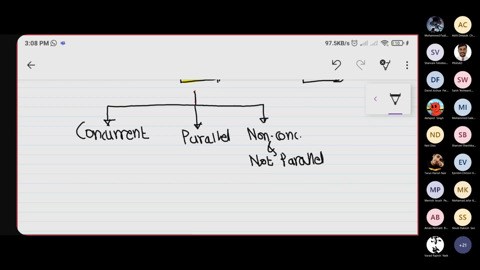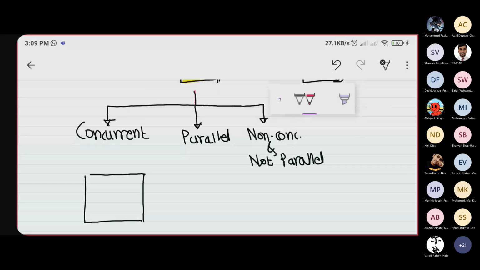Okay, so this is one plane. In that plane only, all forces will be there. So what is meant by concurrent? When the line of action of all forces in a system passes through a single point, like this force, this force, this force.